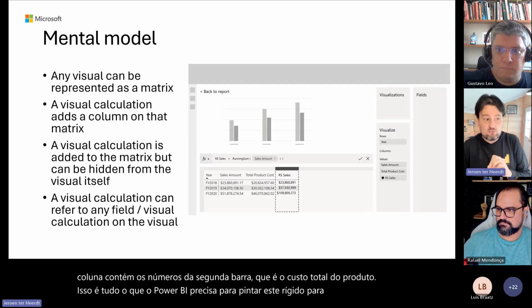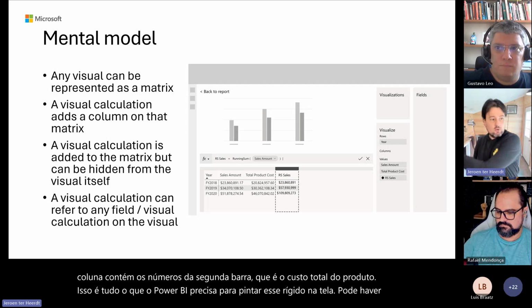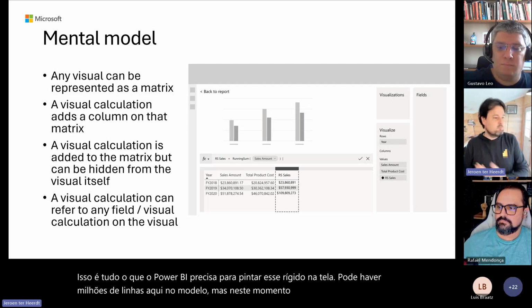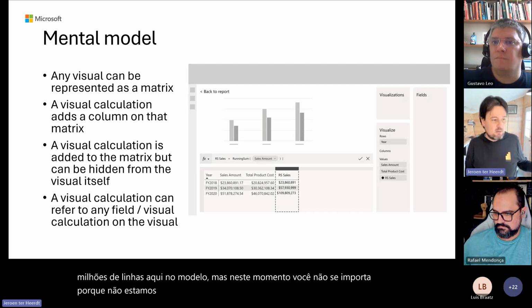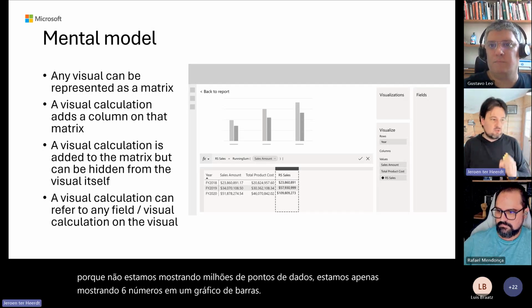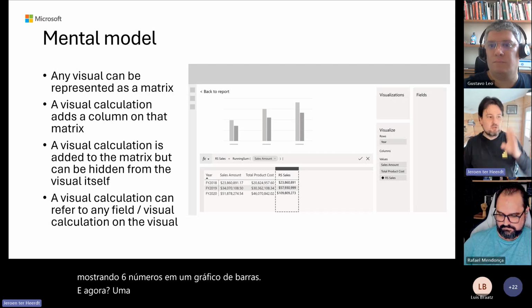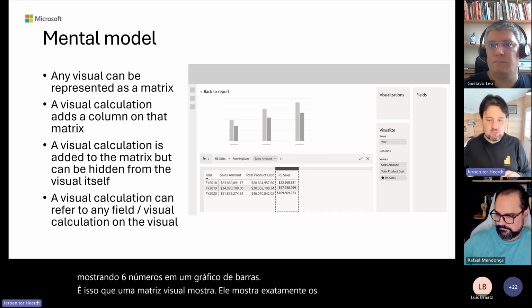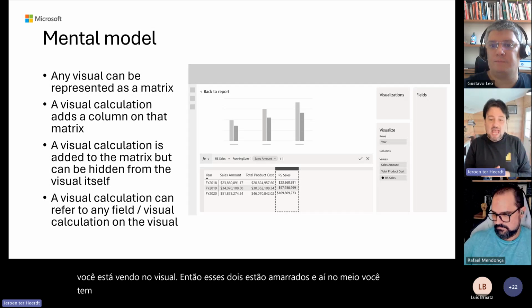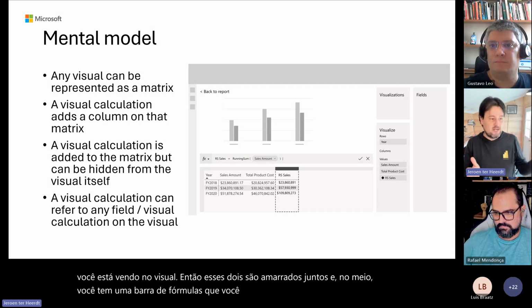There might be millions of rows under here in the model, but at this point, you don't care. Because we're not showing you millions of data points, we're just showing you 6 numbers in a bar chart. Now, that is what a visual matrix shows. It shows you exactly the numbers that you're seeing on the visual. So these two are tied together. And then in the middle, you have a formula bar that you can use to add columns onto the visual matrix.